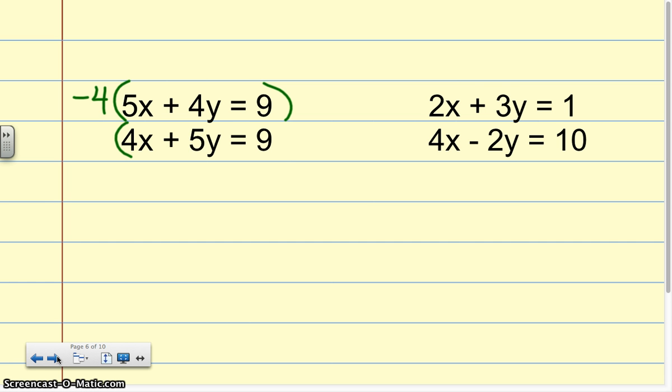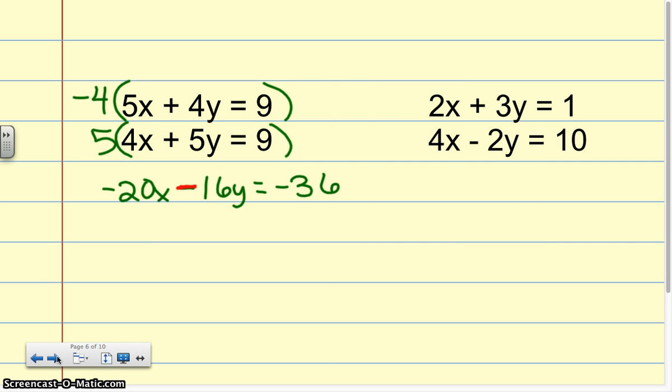And I'm going to times the bottom by 5. That's going to get 20 in front of the x, so the x will be able to cancel out. Distribute through. Negative 4 times 5 is negative 20x. This turns into minus 16y is equal to a negative 36.